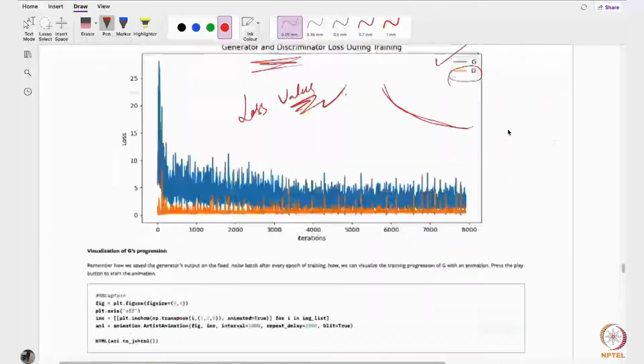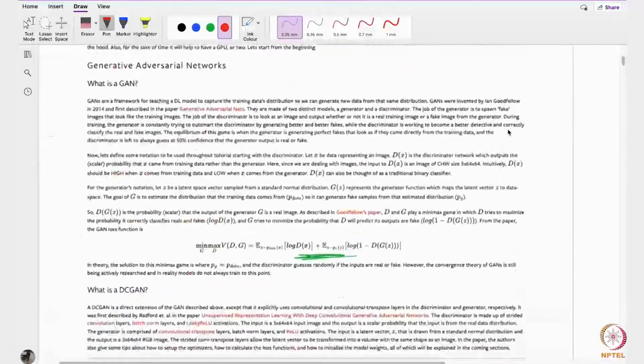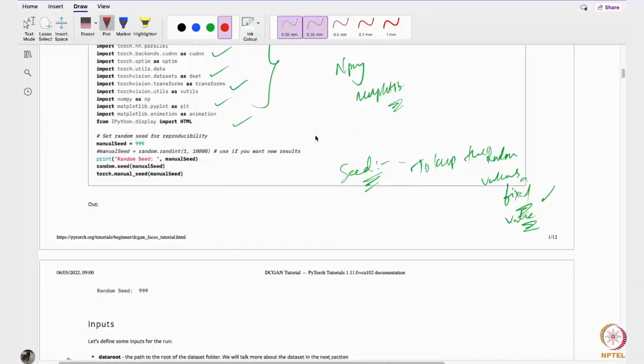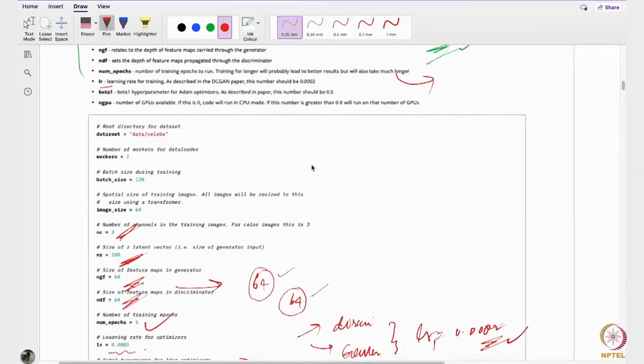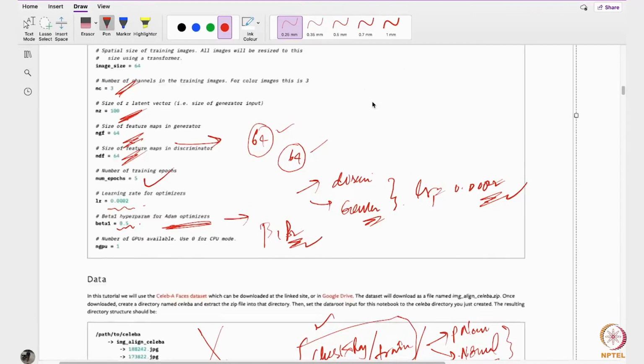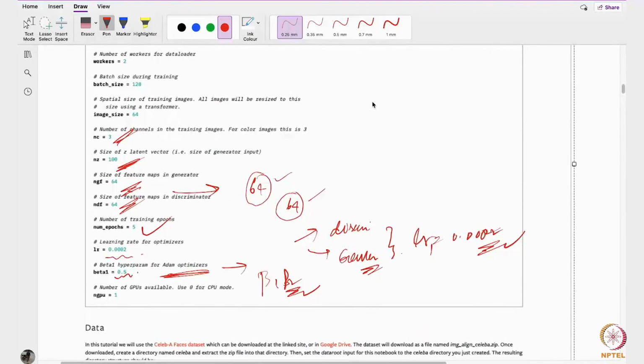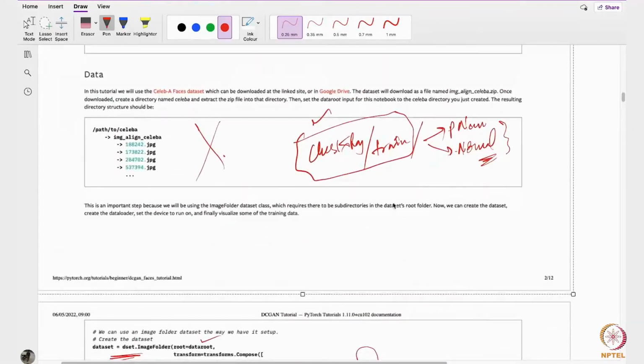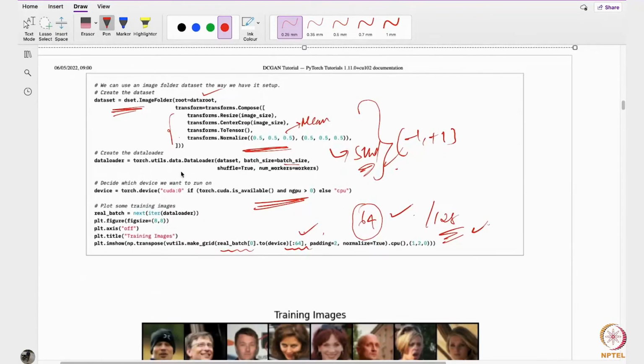As a summary note, let me explain again. We have to import all the modules. Here we have to set the hyperparameters. Here the dataset subdirectory has to be kept in a certain format. Using this dataset and the data loader, we are going to convert the entire image dataset into batches.